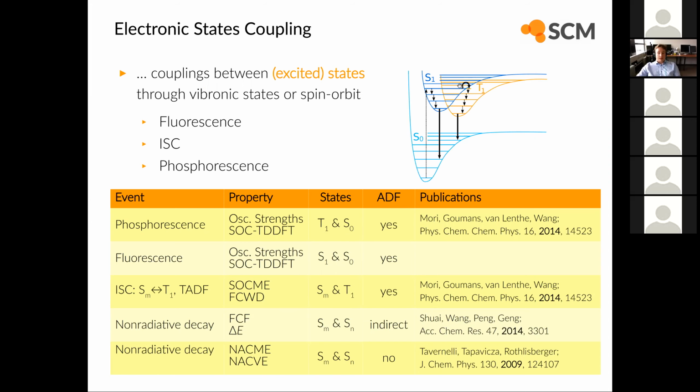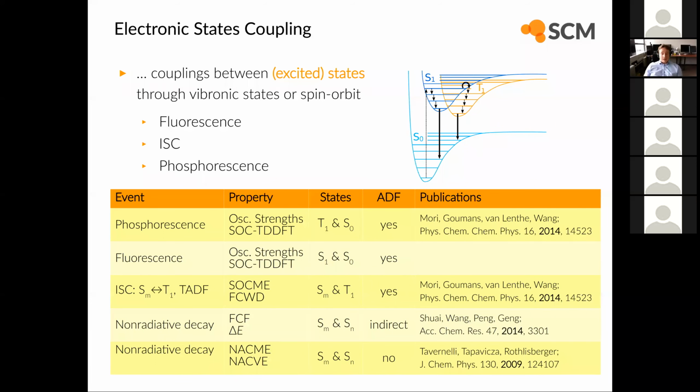Usually one has an intersystem crossing, which is frequently exploited in OLED materials, which is basically to go from the singlet into the triplet state. One can have fluorescent effects and phosphorescent effects. These are the decays upon emission of radiation from the singlet and triplet states, respectively.